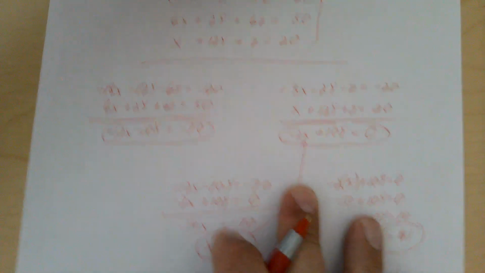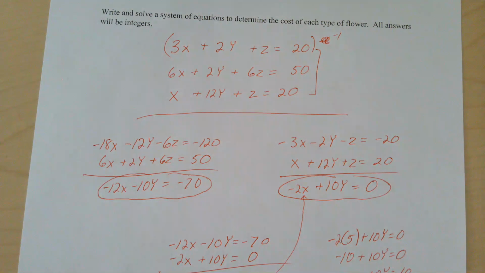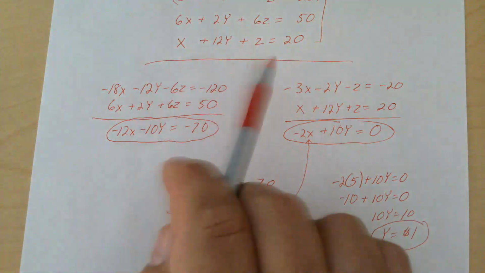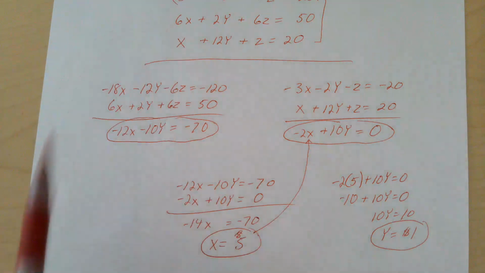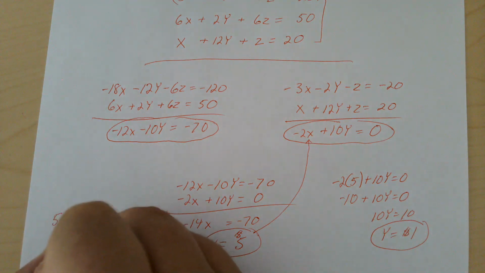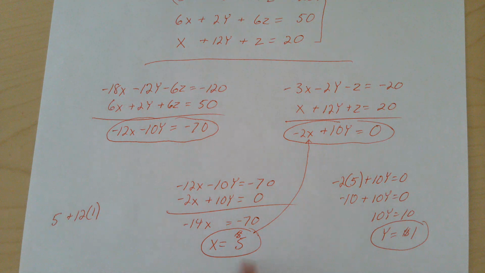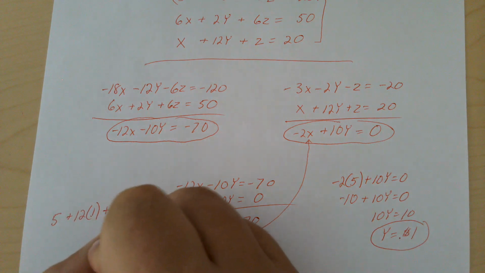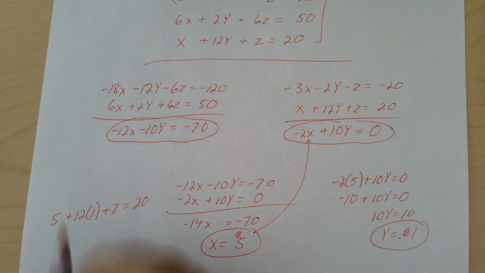Okay. Then I'm going to go back to one of my original, and I have to find z. So we'll just use this bottom equation. I know x is a 5. I'm just going to write it over here. Plus 12 times 1, because a carnation is $1, plus z equals a total of 20.